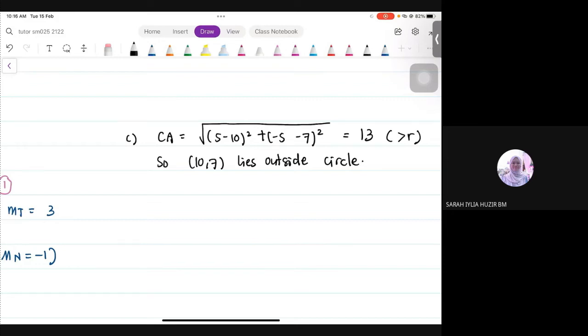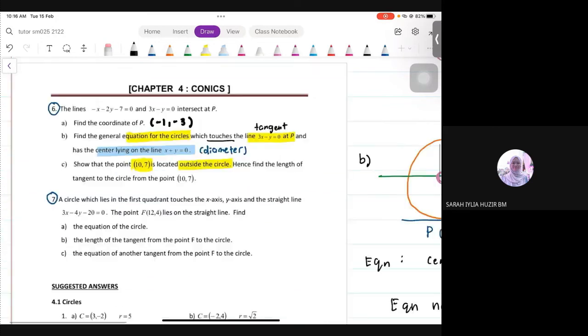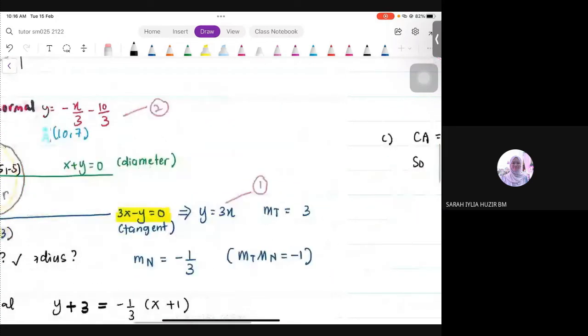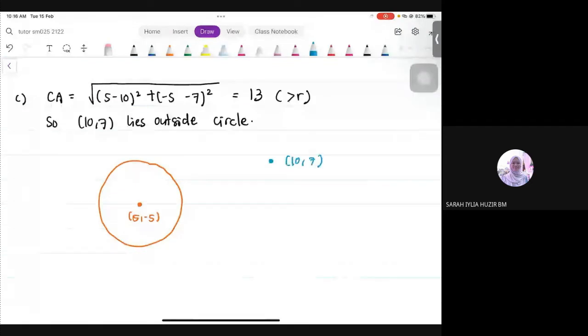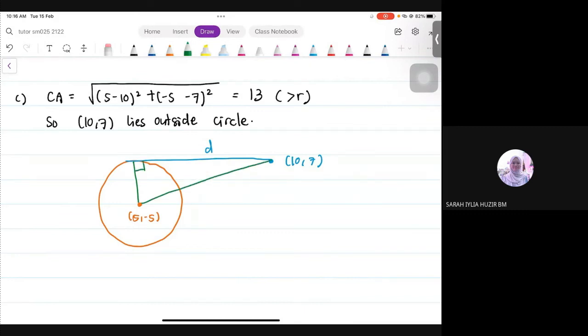Okay, last part, because now it asks us to find the length. Don't go back to the question. So, find the length of tangent from the point (10, 7). If I redraw the circle, because our drawing is already too full, we have a circle. We know the center is (5, -5), and we have the point (10, 7) outside of the circle. We want to find the length of tangent, so I told you to draw a triangle. Draw a right angle triangle.